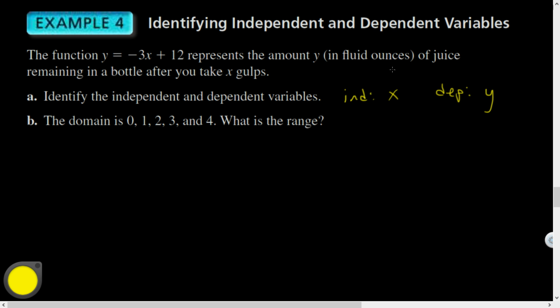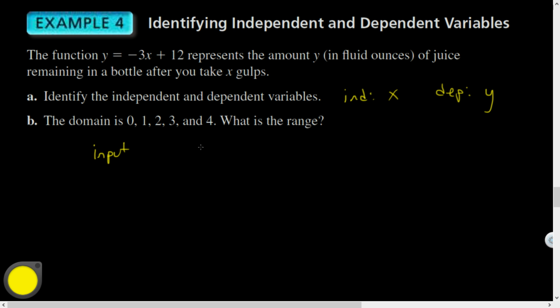Makes sense. It says the domain is 0 gulps, 1, 2, 3, or 4 gulps. What is the range going to be? Now, we don't know how many... Oh, wait a minute. We do know. Guys, we can make an input-output table. Let's do it.